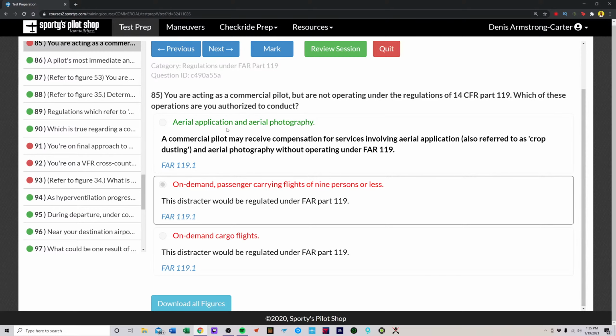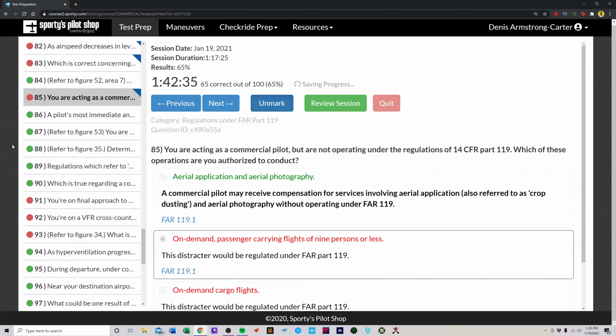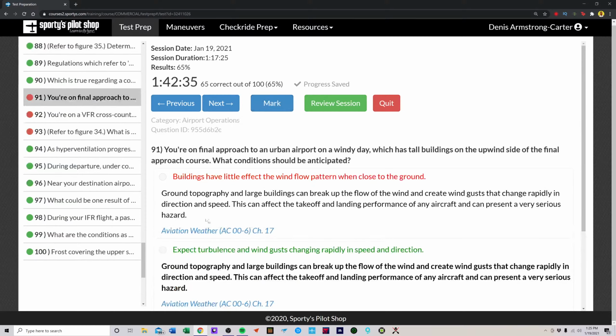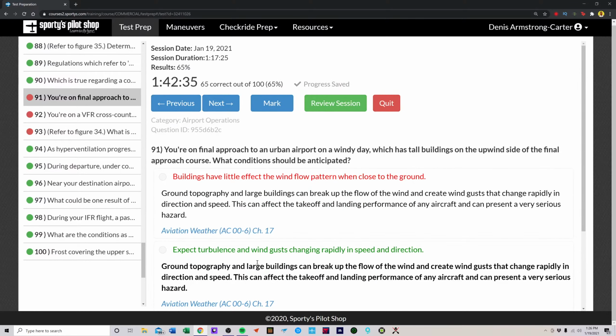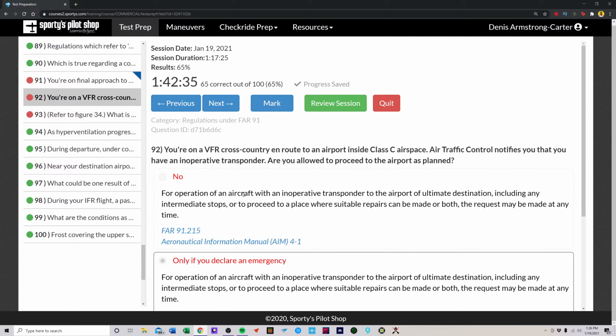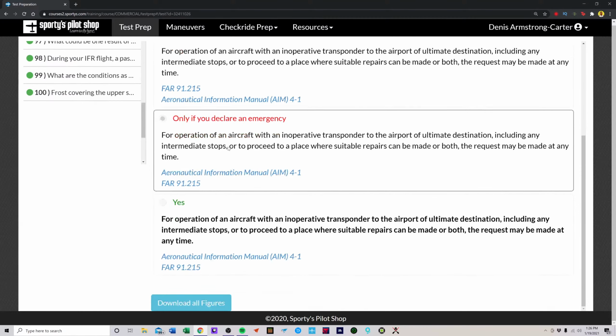Aerial application, aerial photography. I'll remember that one. It is that one. I was literally going to select that and I thought it was wrong. So that's why. So you can actually land without a transponder, surprisingly, which makes no sense, but you can.